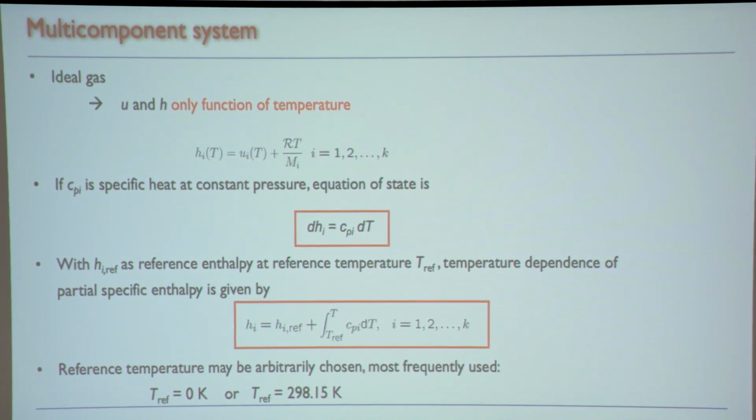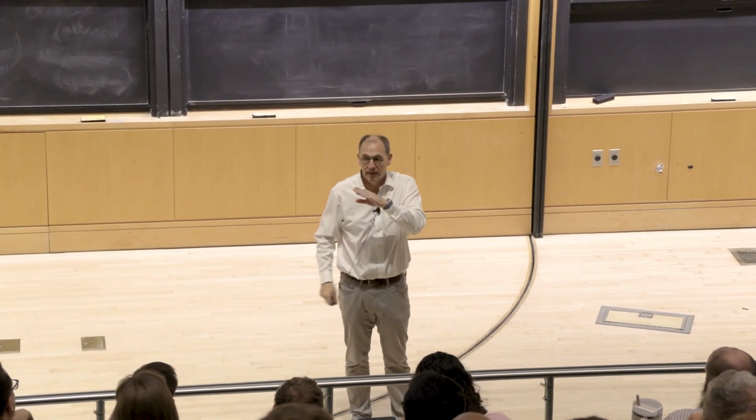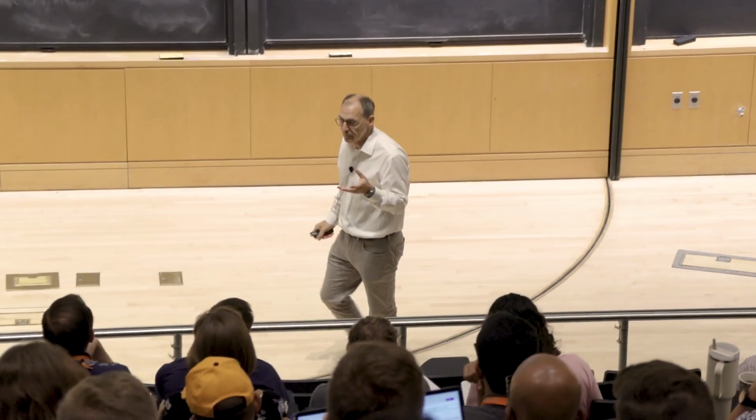Sometimes in thermodynamics class we assume Cp is constant, then we can directly integrate it. Here we cannot do this, or we'll see later a case where we do. So we need to keep this integral. But you have H_i is H_ref plus this integral, and that's very important. Why? The enthalpy has two different parts: this reference part, and this temperature-dependent part.